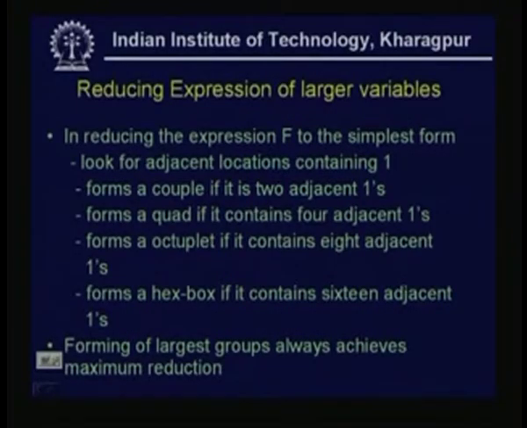Then we try to form the couple, meaning 2 adjacent ones, quad, 4 adjacent ones, octuplet, 8 adjacent ones, or a hex, which contains 16 adjacent ones. And always we will try to form the largest group, because the largest group always achieves maximum reduction.